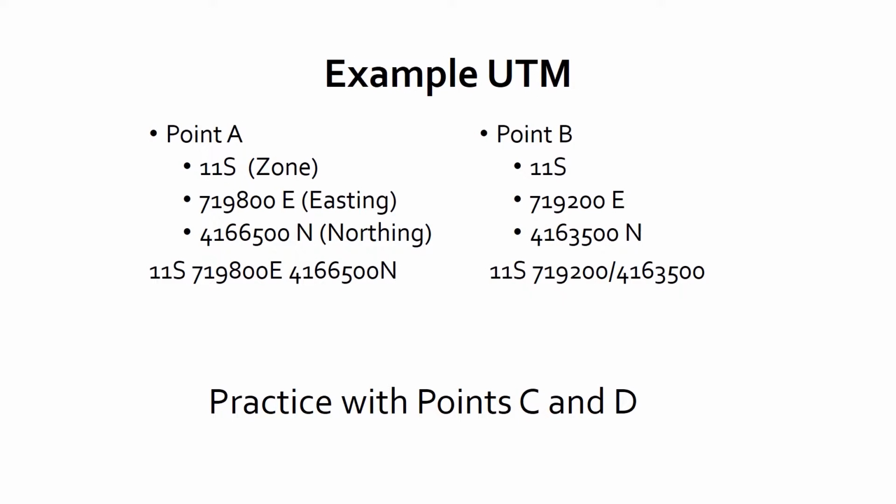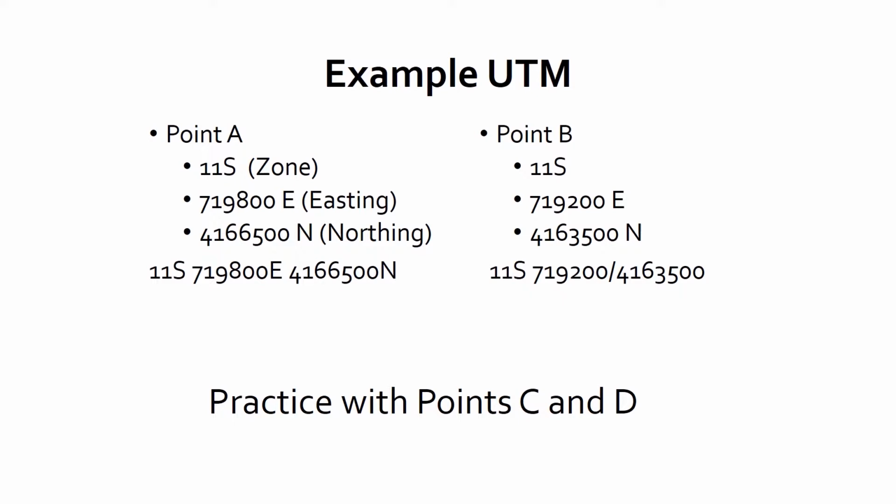So go ahead and check point B and see if you match. And these are give or take a couple hundred meters because the scale of our map doesn't make it to where we can be too accurate.